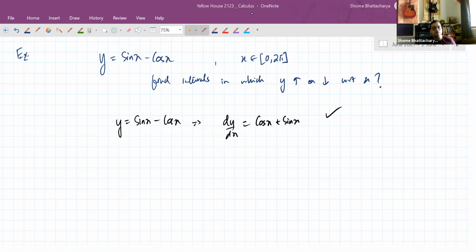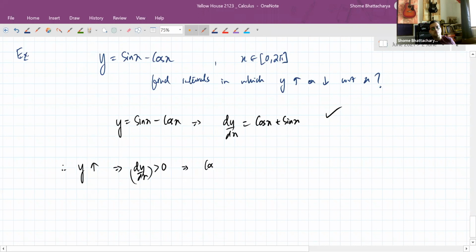So it will become plus sin. Right. Now I want to find the condition that y increases for dy by dx being greater than 0, or cos x plus sin x being greater than 0. So in other words, I can also say that cos x should be greater than minus sin x.